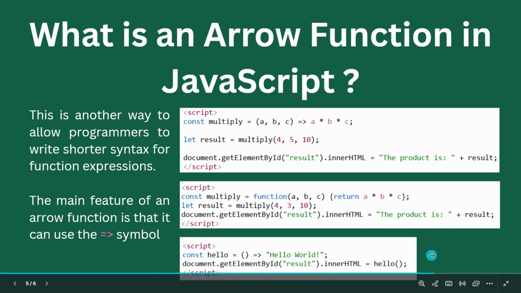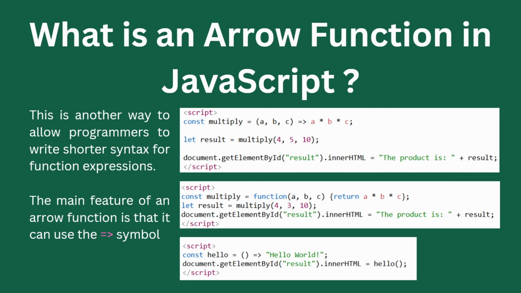And the last one involves the arrow function. For example, we will make a function that returns a string. Let's say it is a hello function. We assign it parentheses with no input parameter, and it will return the hello world string.